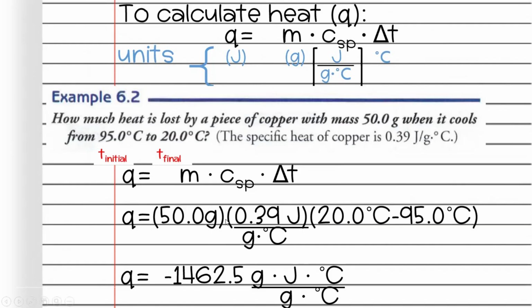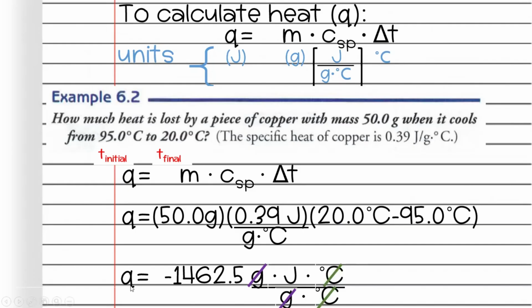Now, if we subtract this and multiply it with these two other terms, we get negative 1,462.5 grams times joules times degrees Celsius over grams times degrees Celsius. Now let's cancel out the units that we don't need, so grams and Celsius.